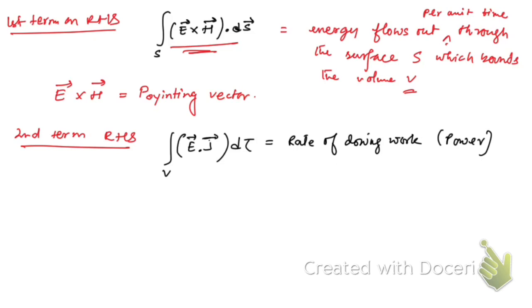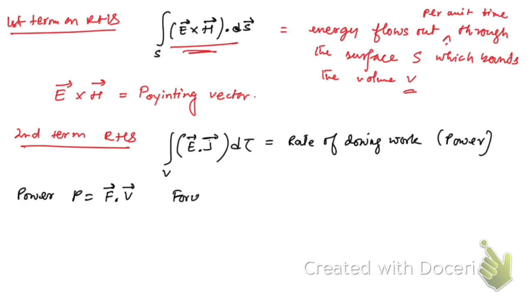Let me explain how. We know that power P can be written as the dot product of force and velocity.